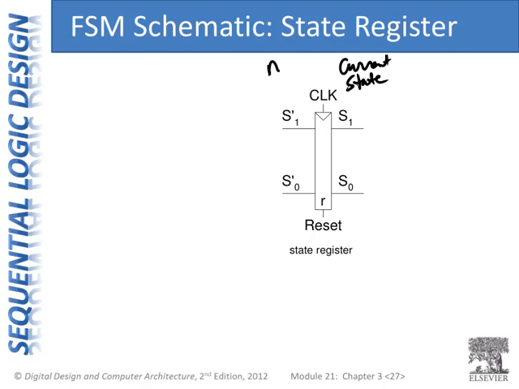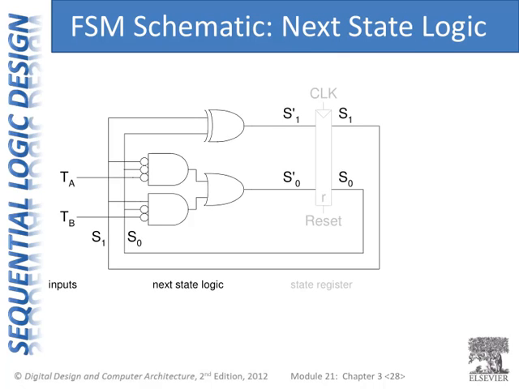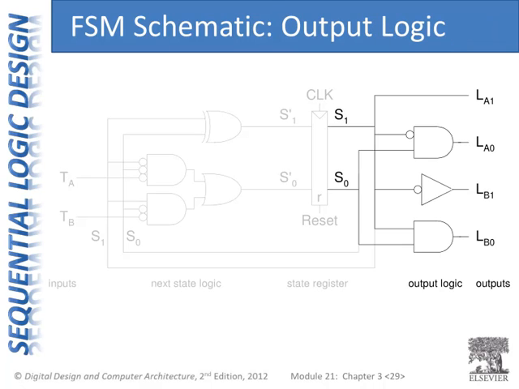And our next state is on the left, because at the clock edge, that next state is going to become our current state. Now we implement our next state logic, just using our next state equations. And finally, we implement our output logic, using just our current state as inputs.